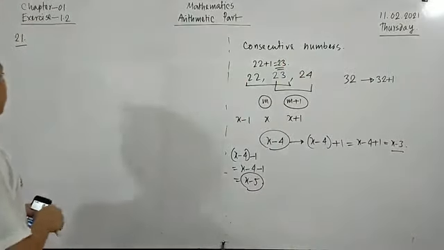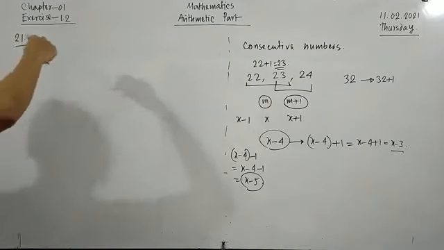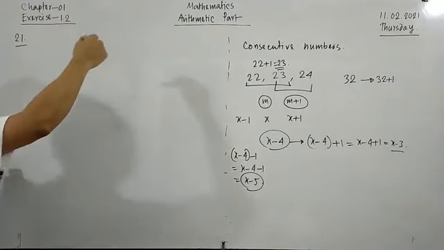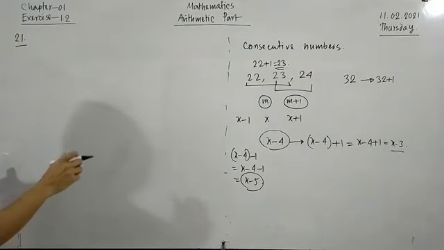So question number 21: the difference of squares of two consecutive numbers is 37.